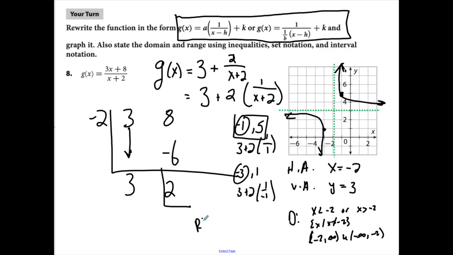Okay, range, y is greater than 3 or y is less than 3. The y's that are not equal to 3, with squigglies, and negative infinity to 3 or 3 to infinity. Now, it doesn't matter what order you do the intervals. You should do the negative one first. I just happen to do those the other way around.